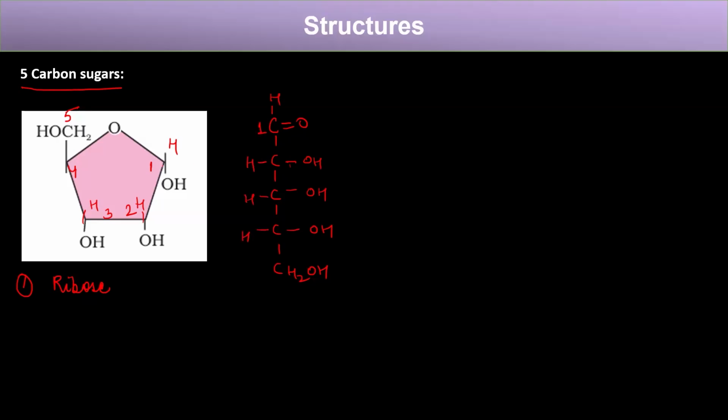The first carbon is the carbonyl carbon. Okay. Now, with the help of ribose, our body can derive one more sugar. The formula of ribose is C5H10O5, right?